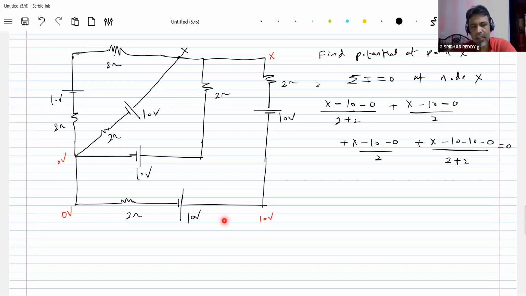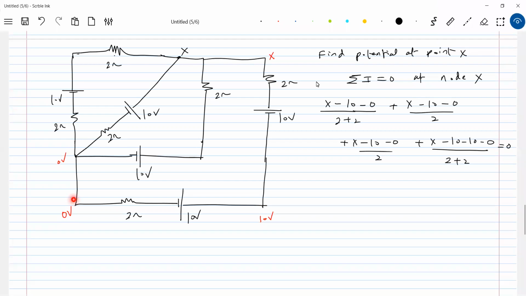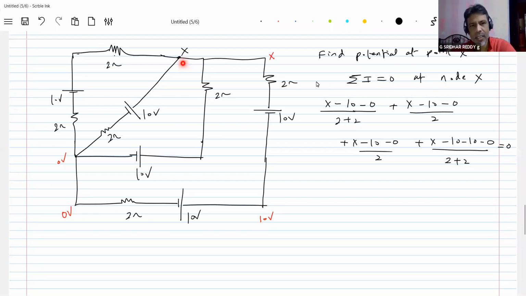Then the potential difference is 15 minus 5, which is 10, and this will be 5 volt. Whatever potential you're measuring, some 0 potential is needed. That's why I'm picking this 0. Somewhere you have to write 0 again, so better not to make the problem complicated.